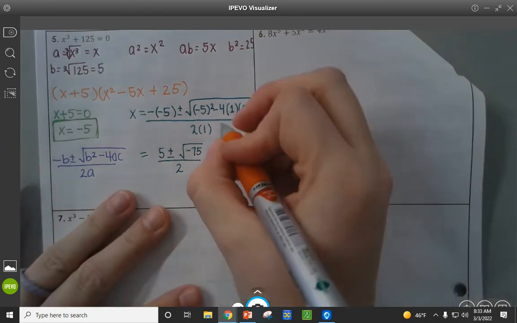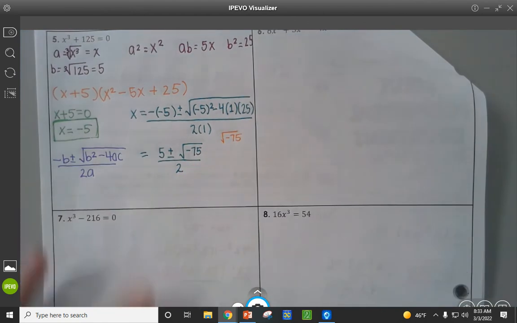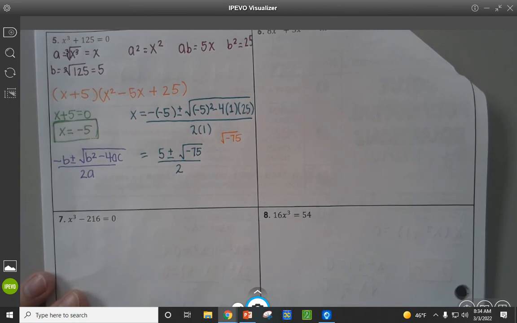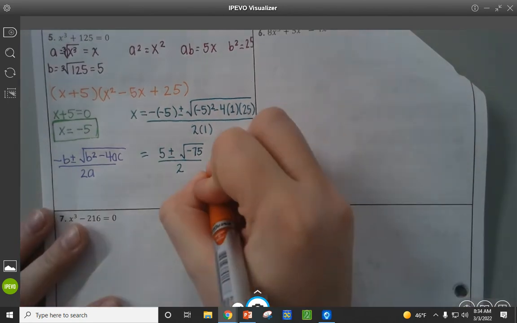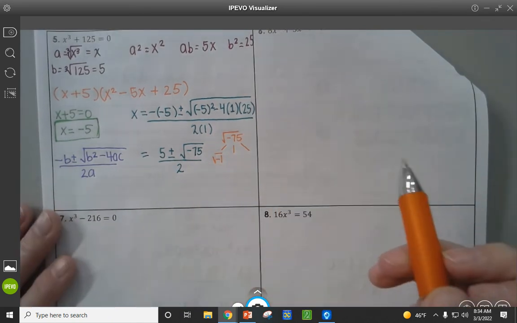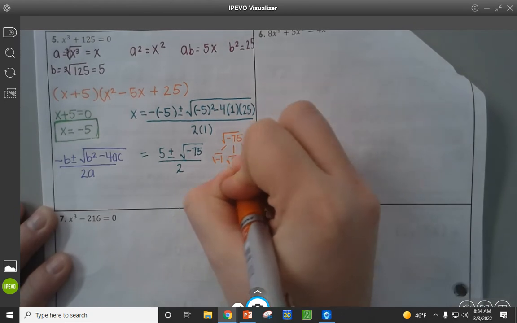So I'm going to go here on the side. I know you don't have enough room for this, really. Sorry. This, we get the negative 1. What else goes into 75? What perfect square? 25 and 3.